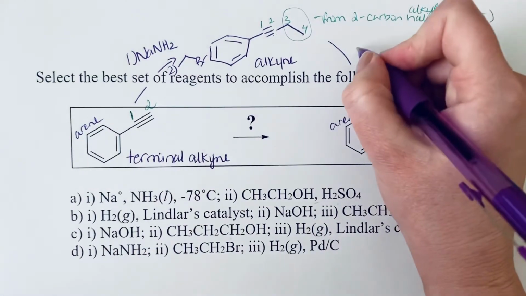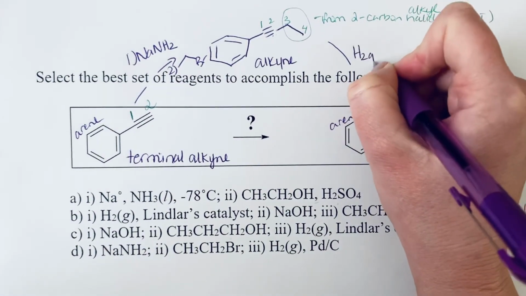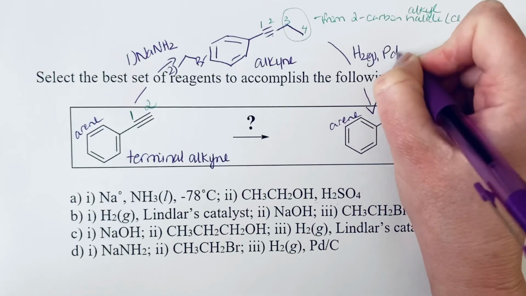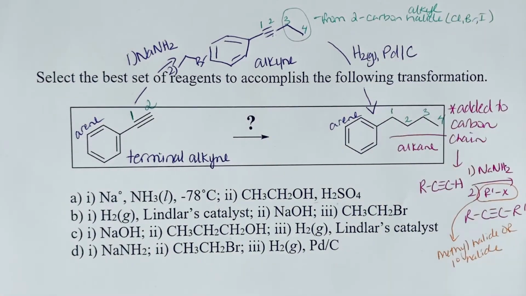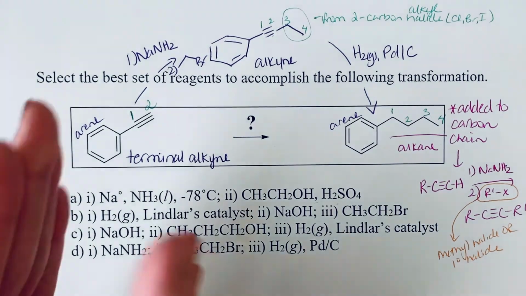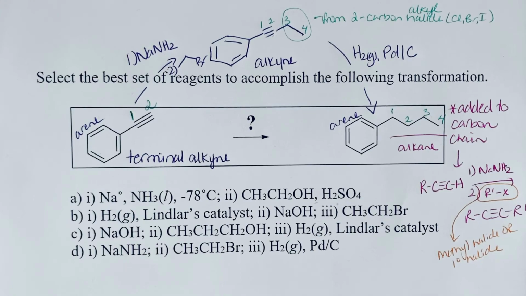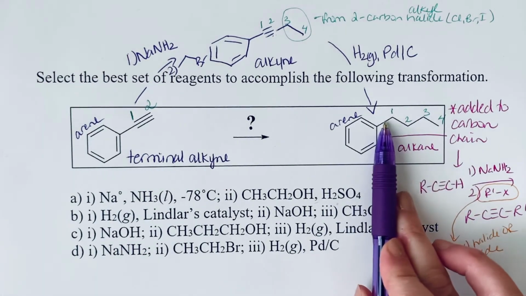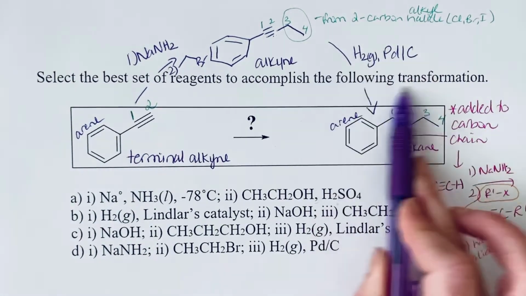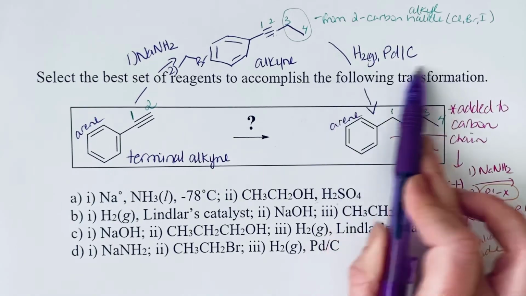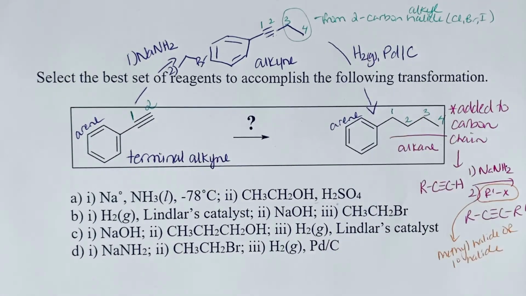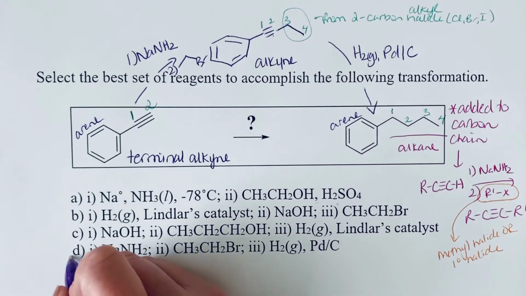So that's actually what we want, just our typical hydrogen gas and palladium on carbon. The other two conditions that we saw for reducing alkynes were ways to take an alkyne and stop the reduction at the alkene stage. But since we see that our product is fully reduced, we want to make sure we use the hydrogenation, hydrogen gas and palladium on carbon. So we can see that this corresponds to option D.